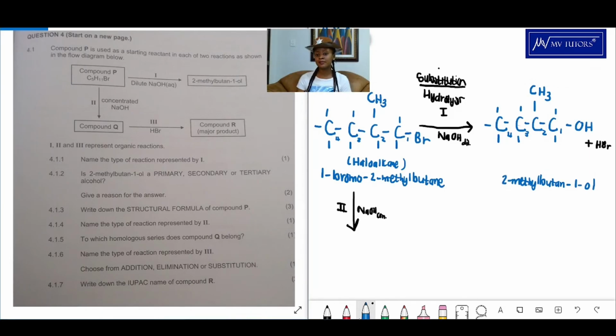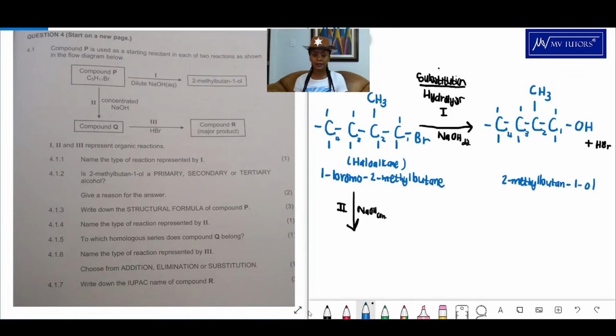If it was just a hydrocarbon without any halogen, then it would just be dehydration. So yes, we are going to take out water, basically, and that will then become an elimination reaction. So there we have an elimination reaction for reaction number 2.